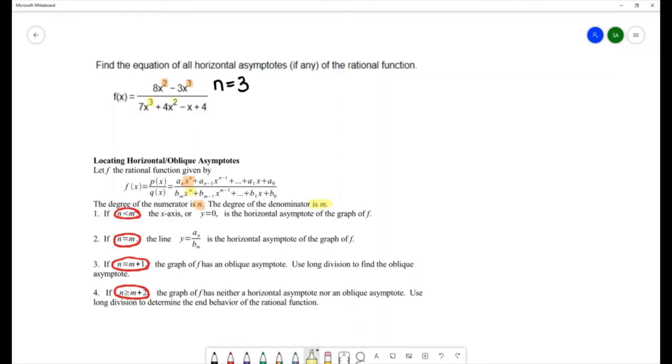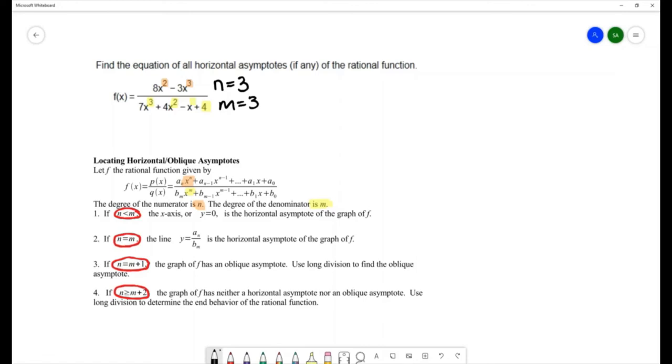This term has a power of 2 on x. This power is not listed, so we assume it to be 1. And this term, since it doesn't have a variable, has a degree of 0. So we're going to take the highest of those, which is 3, and that's the degree of the denominator.